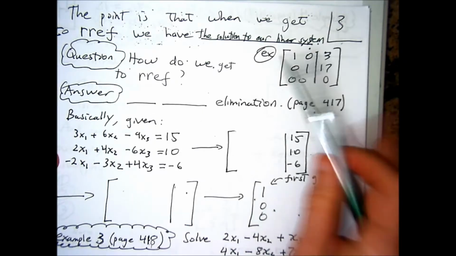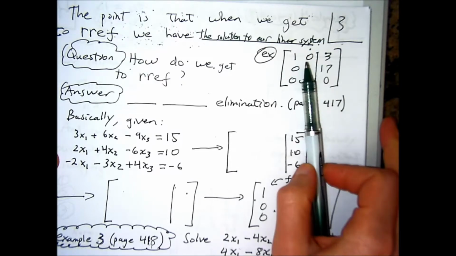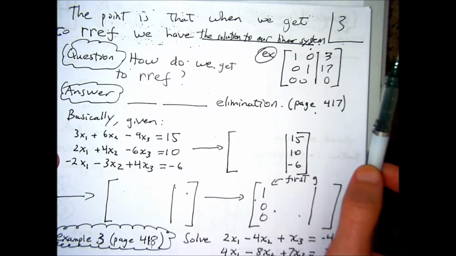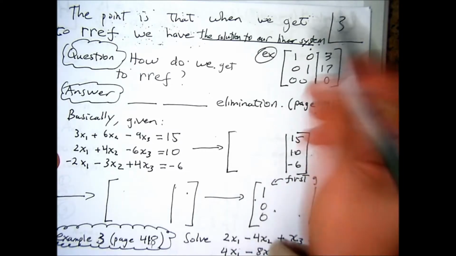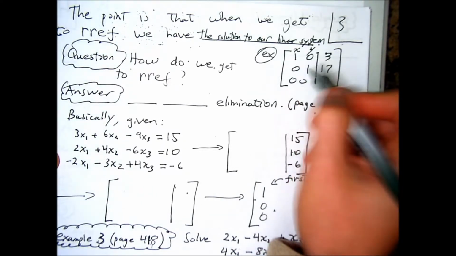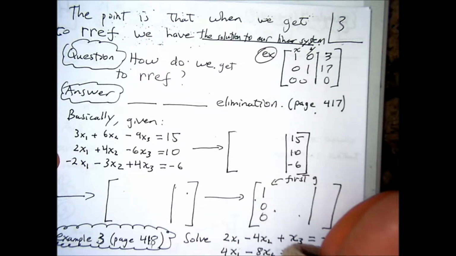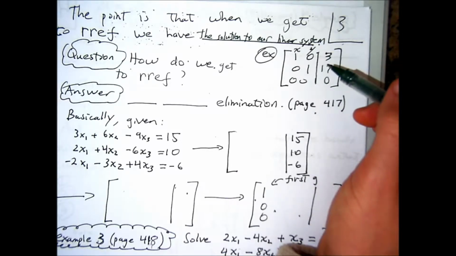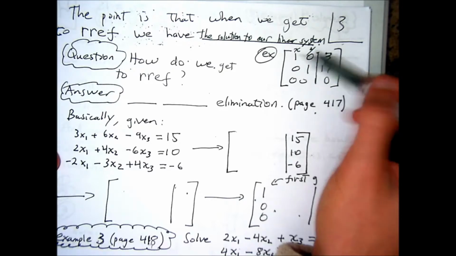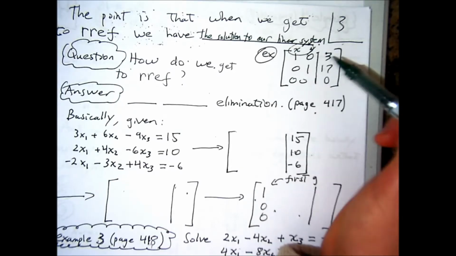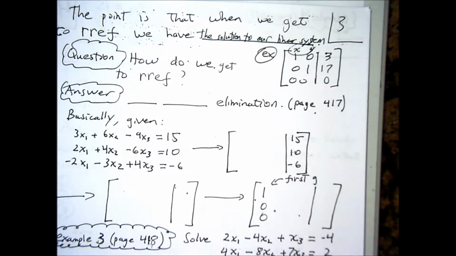This is in reduced row echelon form. So this is a solution of my system, where this row represents my x value, and this row represents my y value. X is equal to 3, y is equal to 17. And I have an extra row of zeros here, which is not even being used, but that's why we do it, because that means we're solving the system, and once we get into that form, it's obvious that the solution is just whatever's on the right hand side.